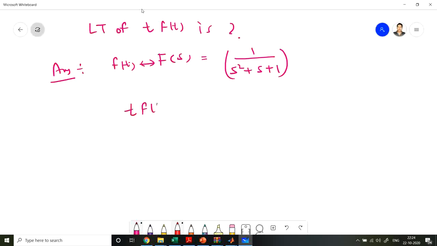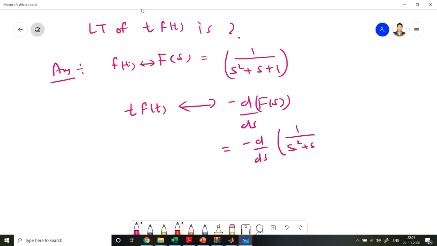The Laplace transform of t f(t) is nothing but minus d by ds of F(s). So it is equal to minus d by ds of 1 divided by s square plus s plus 1, which is equal to 2s plus 1 divided by s square plus s plus 1 whole square.